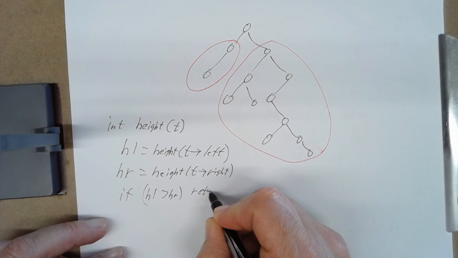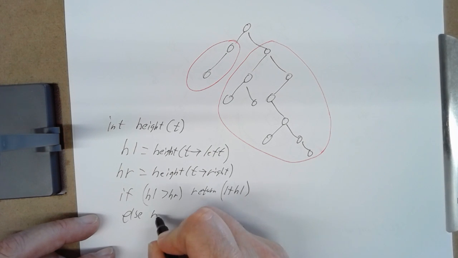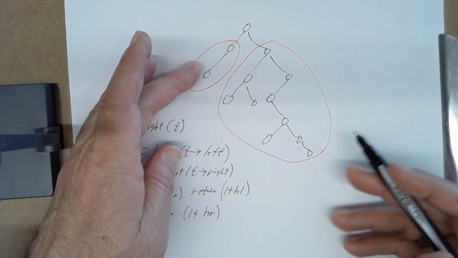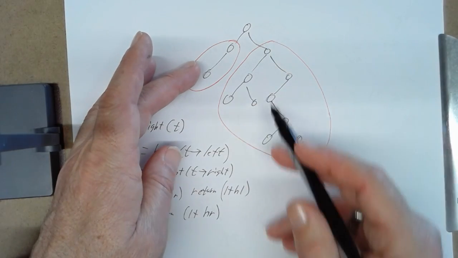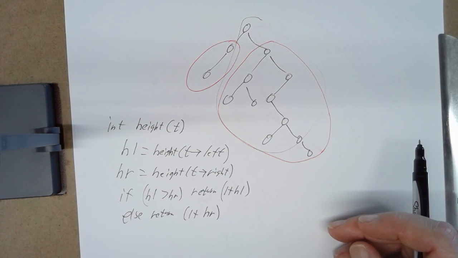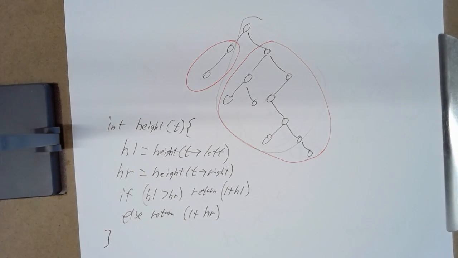So return 1 plus the height of the left subtree. Else, return 1 plus the height of the right subtree. So in this case, the right subtree was bigger, so the height of the left doesn't matter. If we take the height of this right subtree and we add 1, we get the height of the entire tree. So there's an algorithm for finding the height of a tree. Basically, find the largest of the height of the left subtree and the height of the right subtree, add 1, return that. That's your height.